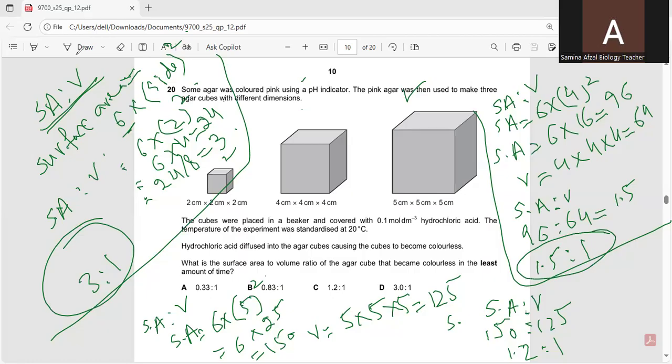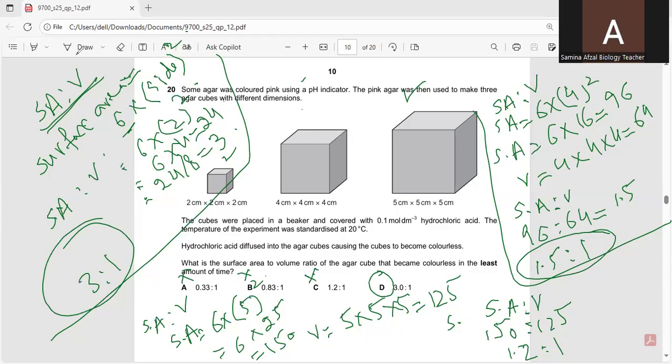If the ratio is high, it means the least amount of time will be used to become colorless. So according to this, we will go with answer D, which is 3 is to 1. So C, B, A are not correct options.